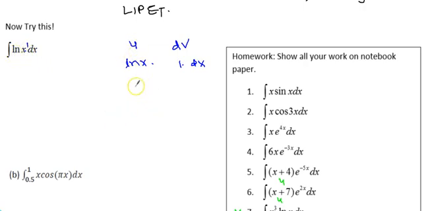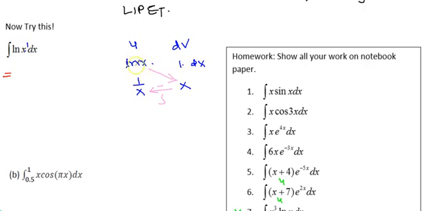In this column, we find the derivative. So the derivative of ln x is 1 over x. The antiderivative of 1 is x. Multiply this to this, and the last step is the antiderivative. So let's check it out.